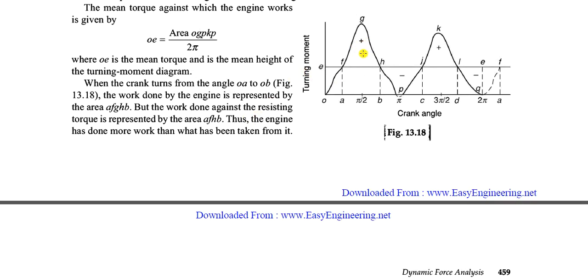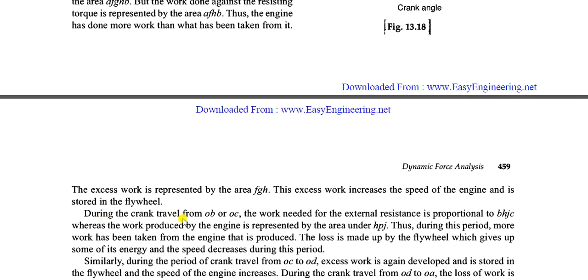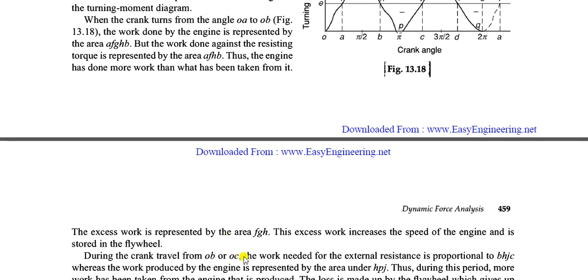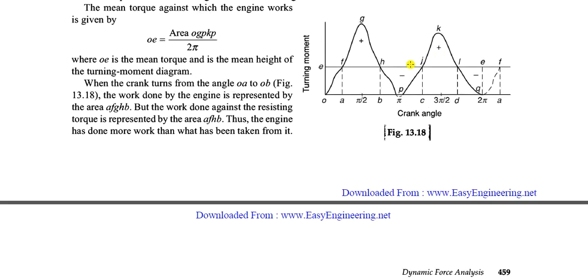Now when it will be used, see, here is your graph. This energy will be delivered during the crank travel from OB to OC. From here to here, the work needed for the external resistance is proportional to BHJC.